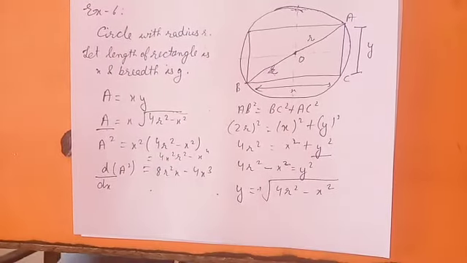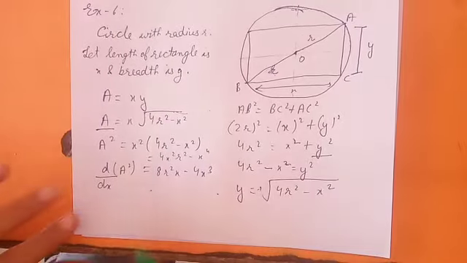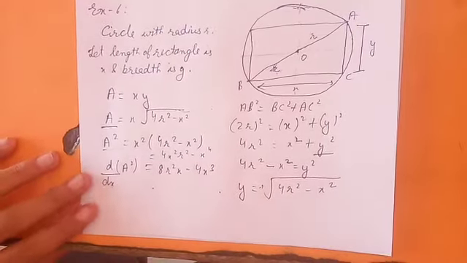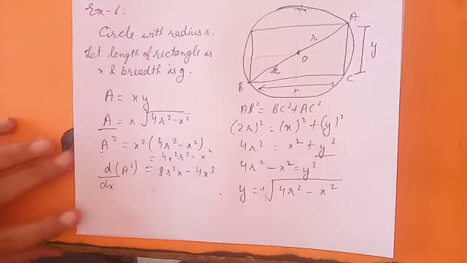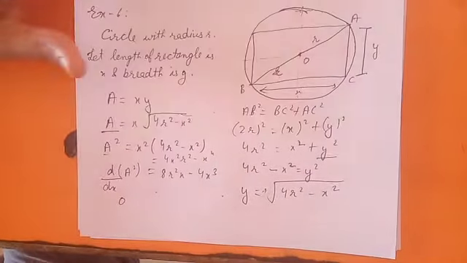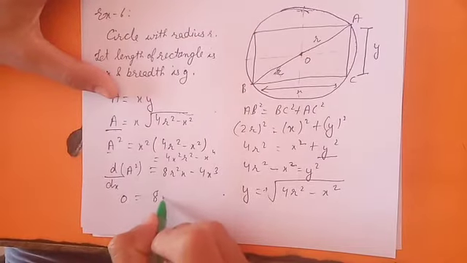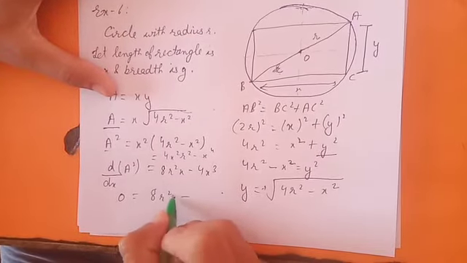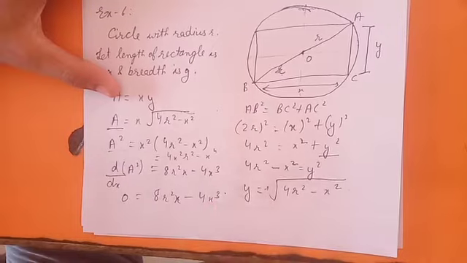Understood till here? Now to get our maximum or minimum value, we put the derivative of A square equal to 0. So this whole becomes 0 on this side, and here it is 8r square x minus 4x cube.